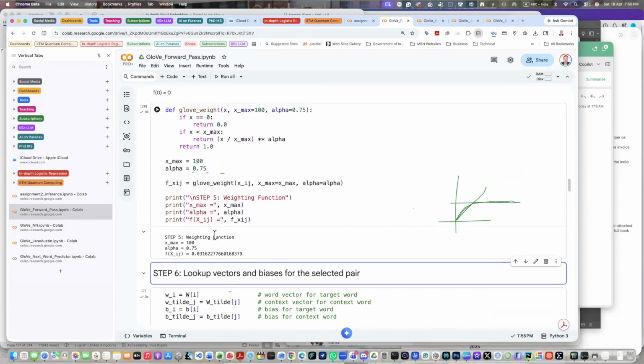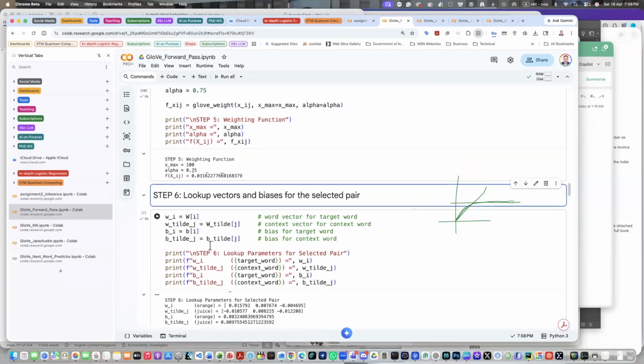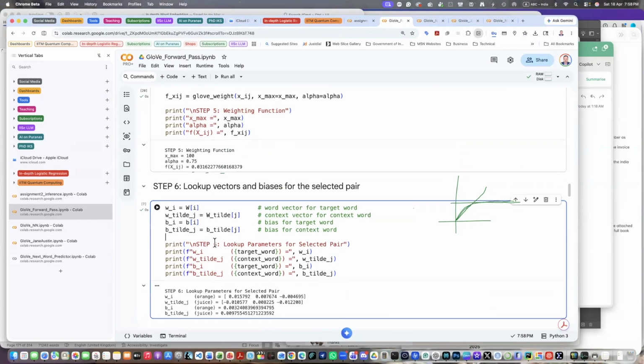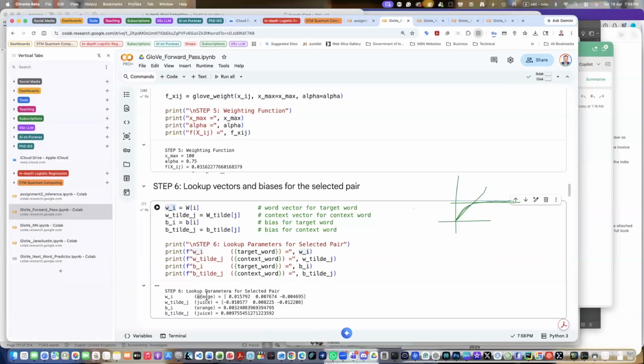So I get some values, and now I take out the w vector and the w tilde vector for my individual words. I do that for my target word first, and then the context word.